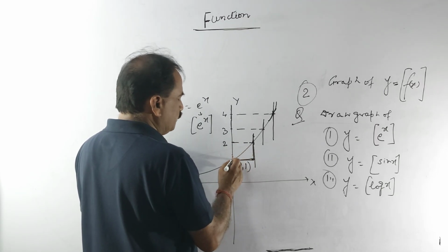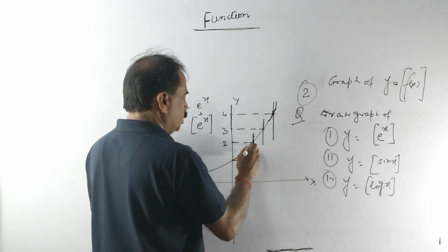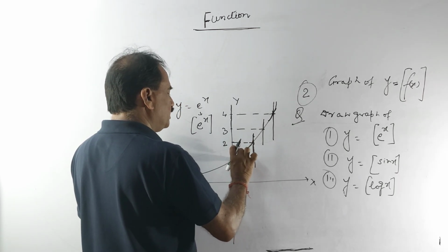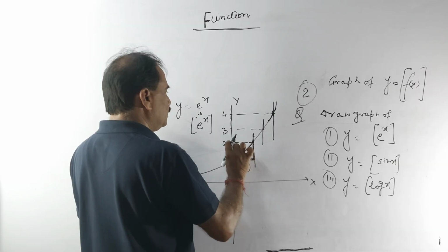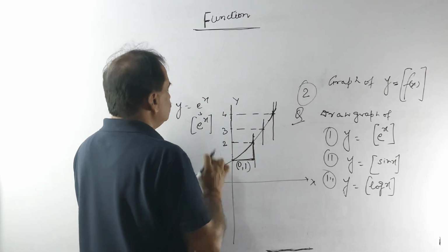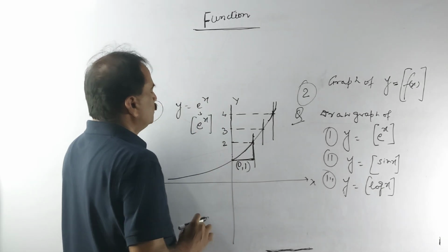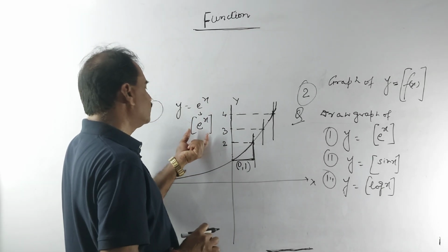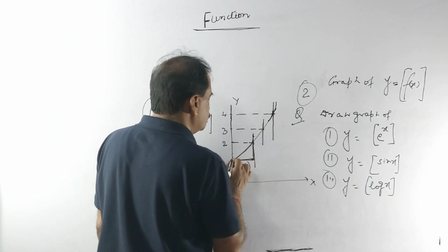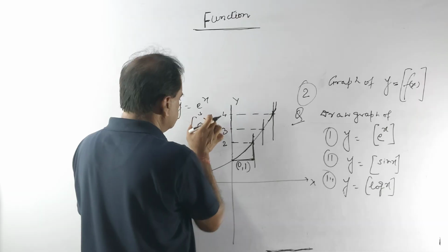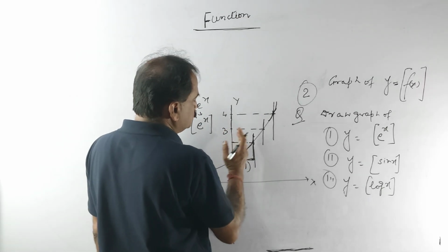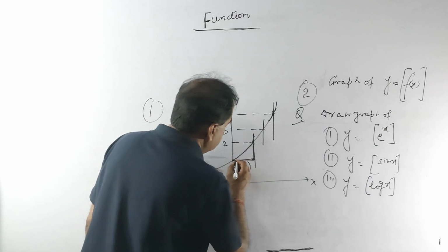This is the graph of y equal to x. On this graph, the minimum value of y, that means the minimum value of x, is 1 and the maximum value is 2. That means the value of x lies between 1 to 2. So the integral part must be equal to 1. So the graph of the final function y equal to greatest integer x between these two vertical lines must be this.